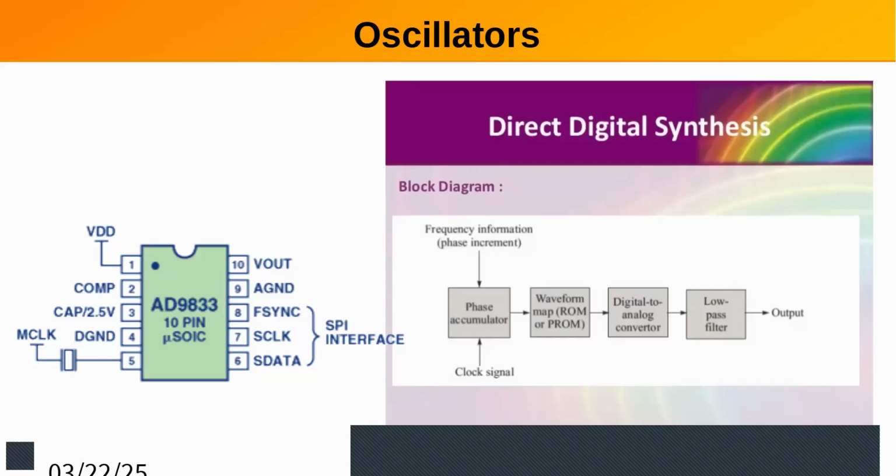Most of the frequency synthesizers that work that way, a lot of times they call them arbitrary frequency generators, because you can have different patterns. You can generate square wave, triangle wave, sine waves. You could even plug in your own custom wave.